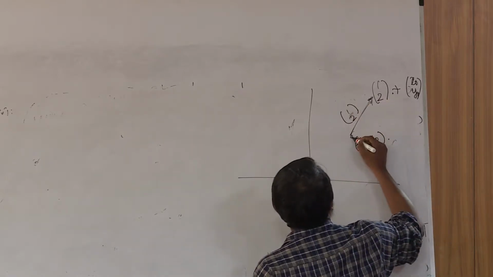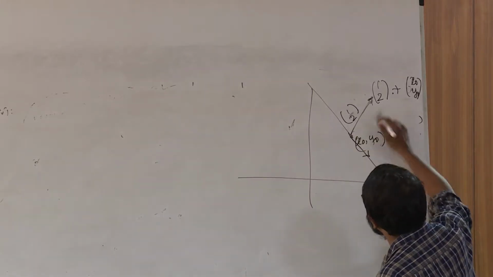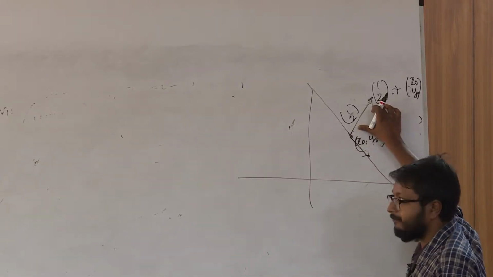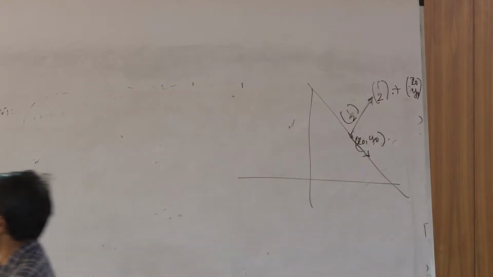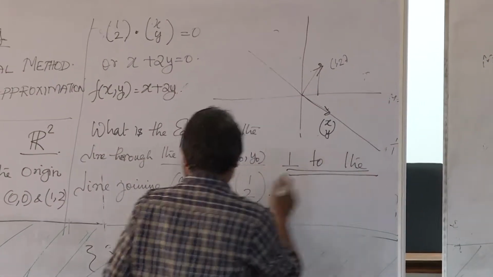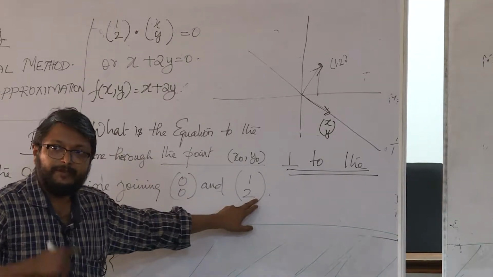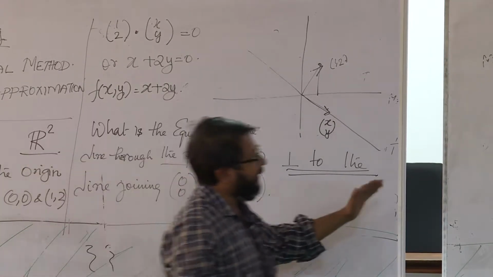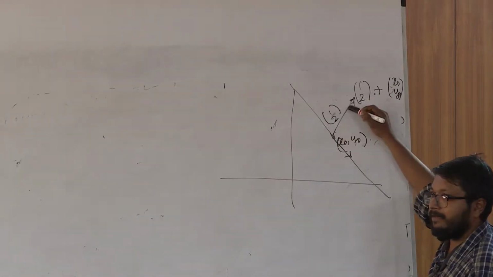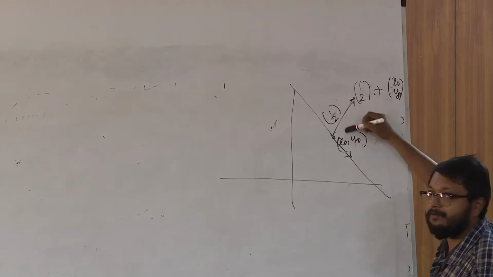Now I want to find out that line which is perpendicular to the vector 1, 2. See, you can think of the line joining 0, 0 and 1, 2 as a vector, correct? So if I place that vector here, it looks like x naught y naught plus 1, 2, right?